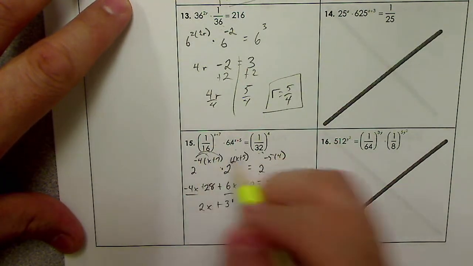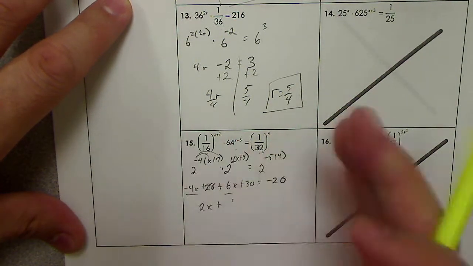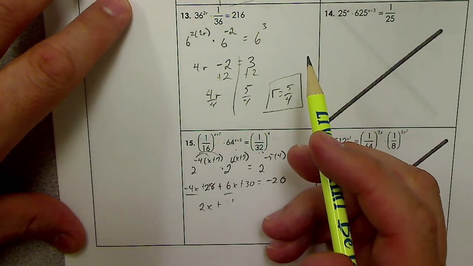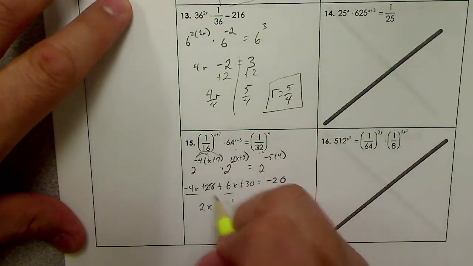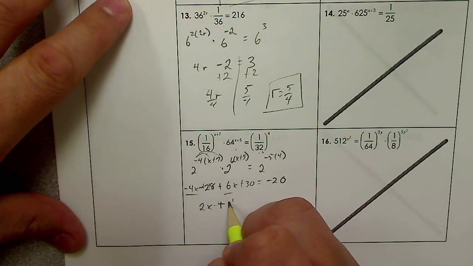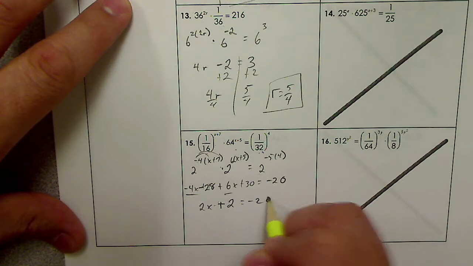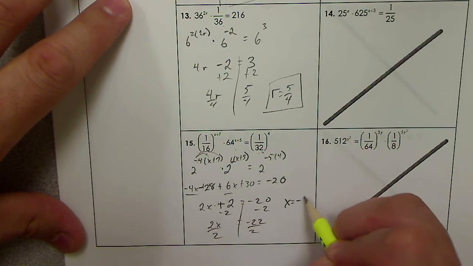I forgot to distribute all the way through. No, this is minus 28. So that'll be plus 2 is equal to negative 20. I'm going to do some algebra. So x is equal to negative 11.